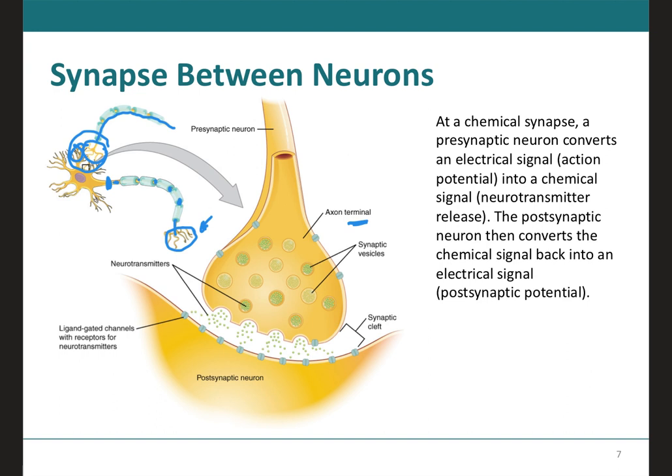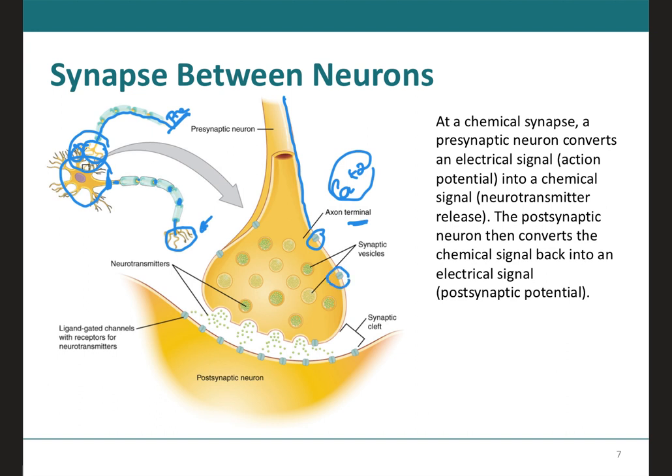This axon over here belongs to the presynaptic neuron, and this neuron over here is the postsynaptic neuron. The action potential comes down over here, and once it does, you have an influx of calcium. Calcium comes in through these channels that open up.